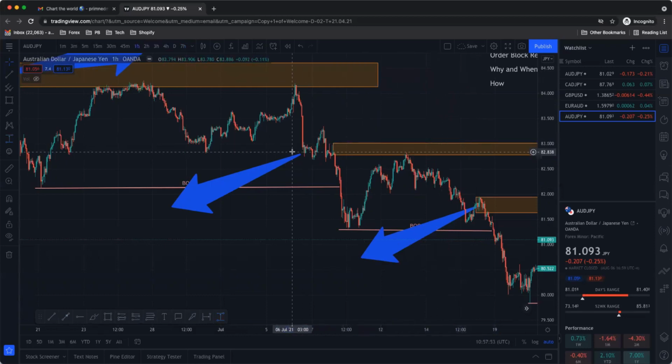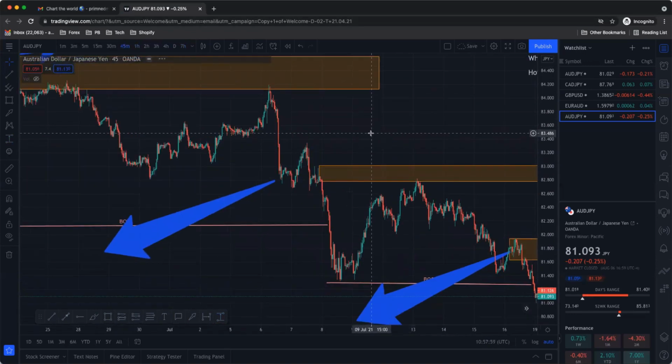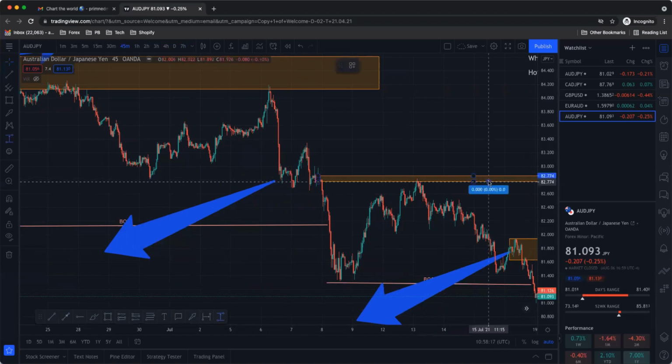We can go further down. Let's go to the 45 minute. Here we see this was the last bullish candle, and that's it. The market will come back here and then fall. That is how you refine. This is like 13 pips, or 8 pips.